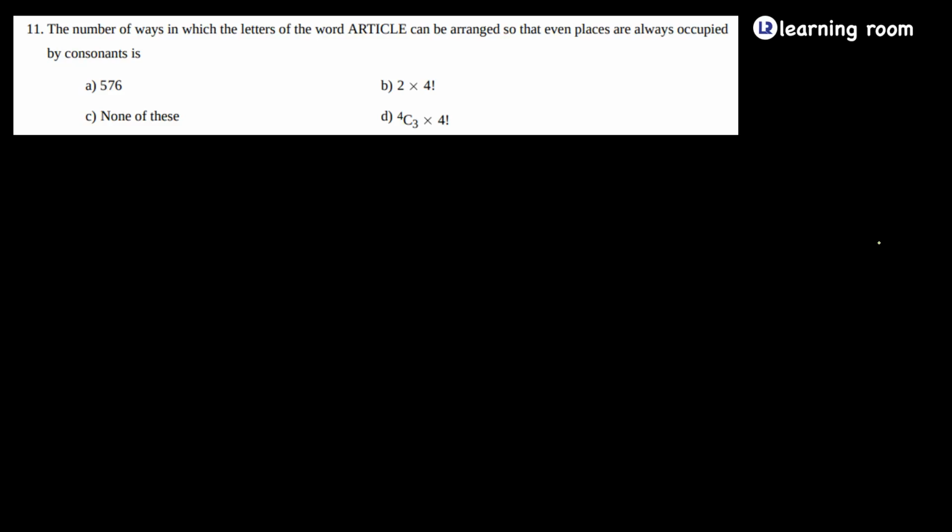So 7 letters are there, 7 blank spaces. How many vowels are there? And those 3 vowels should only be placed in second, fourth, or sixth position.